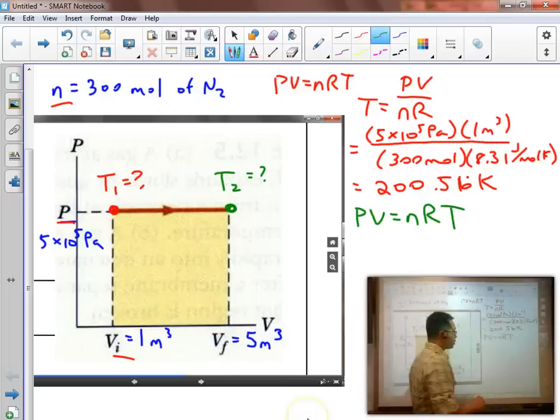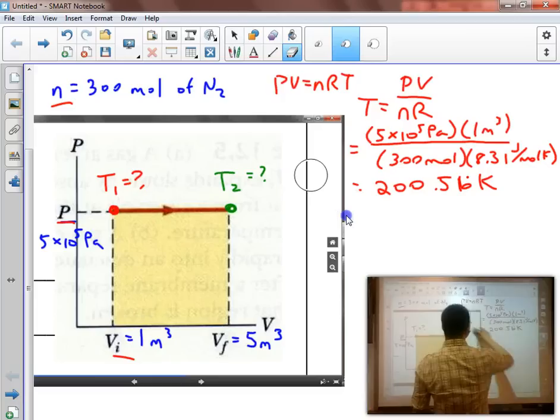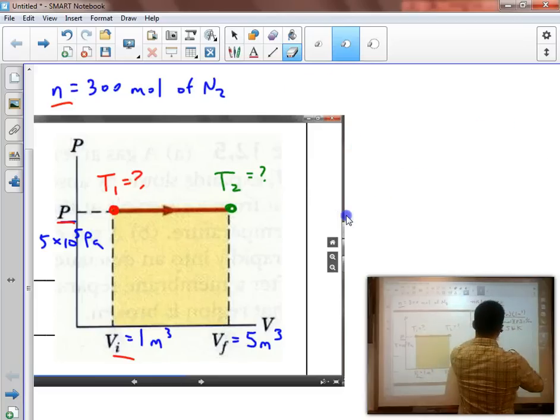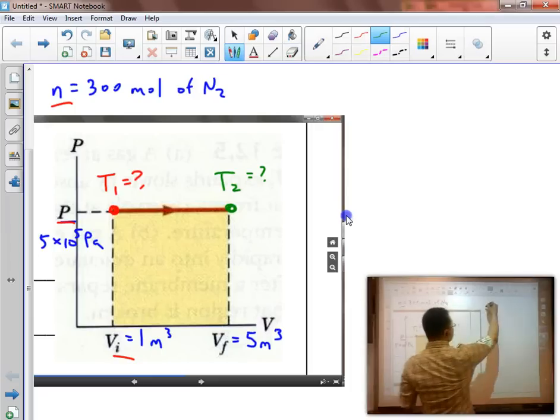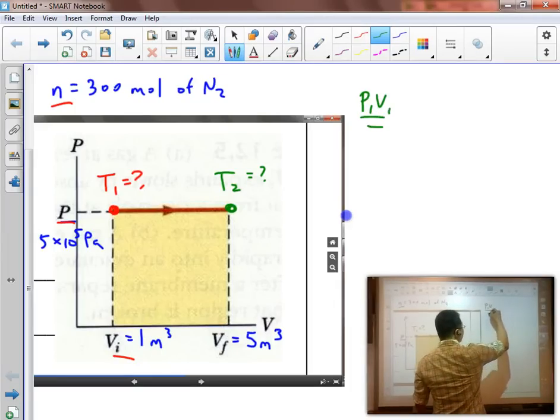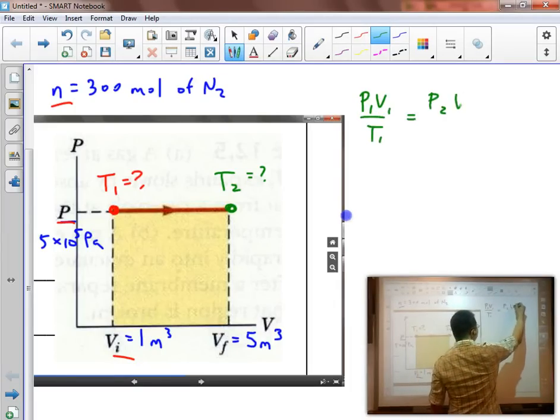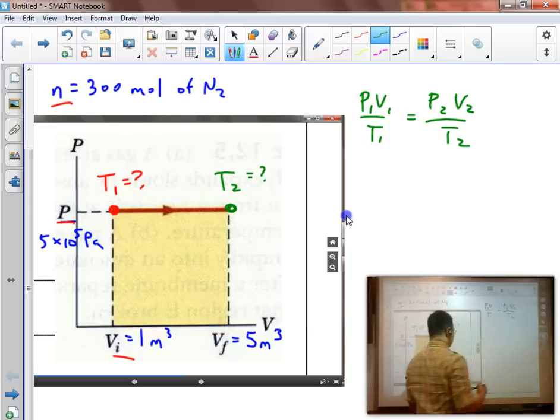You see, rather than using the ideal gas law again, we can use the combined gas law, which means P1V1 over T1 equals P2V2 over T2.